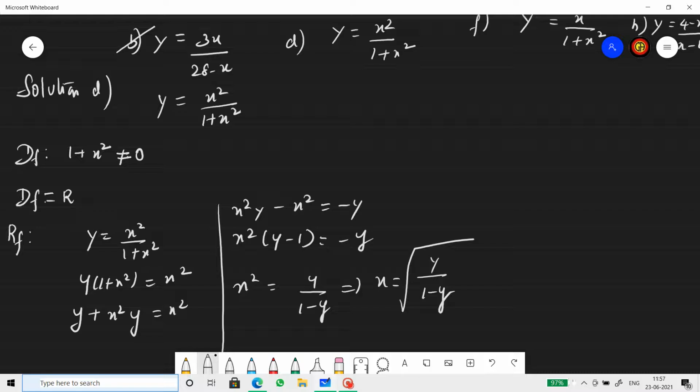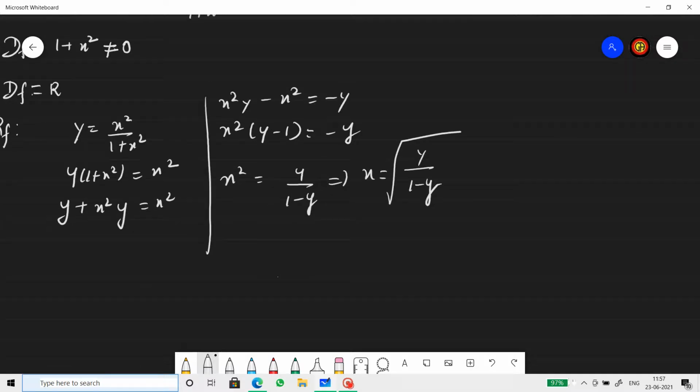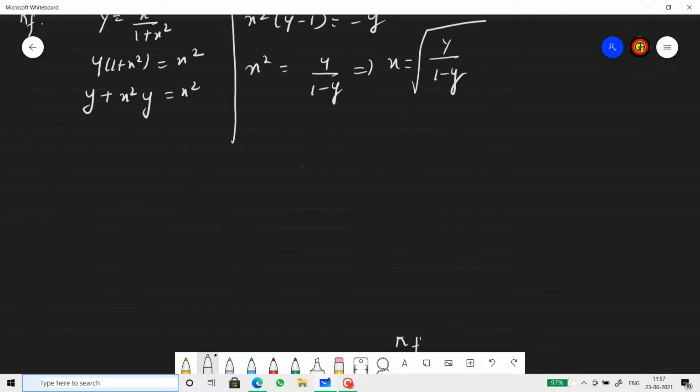Now, considering x equals root over y by 1 minus y as a separate function, alright, as a separate function. So, the real number line for y, minus infinity to infinity. The points we take are 0 and 1, isn't it? Now let's take arbitrary values and substitute in this.